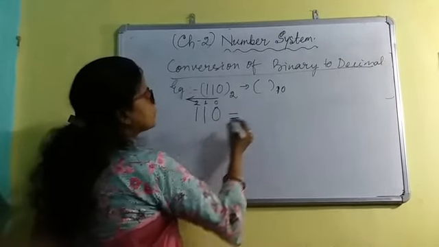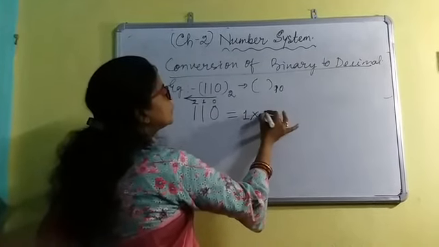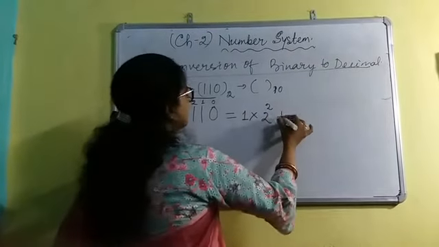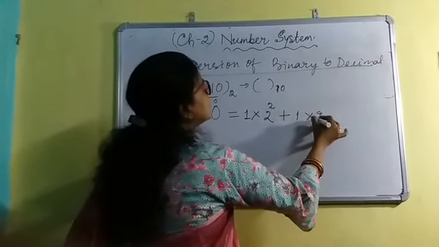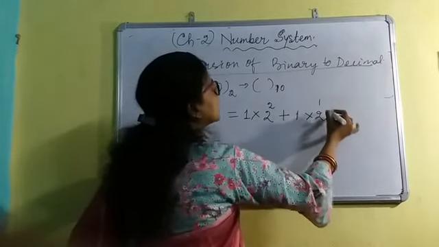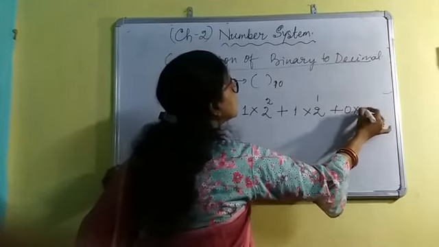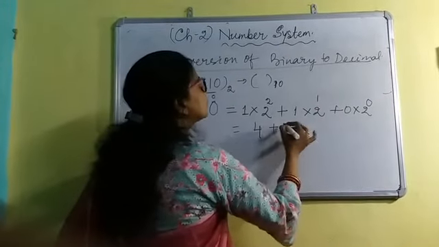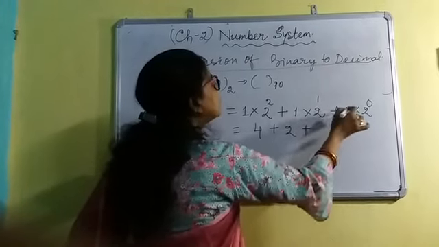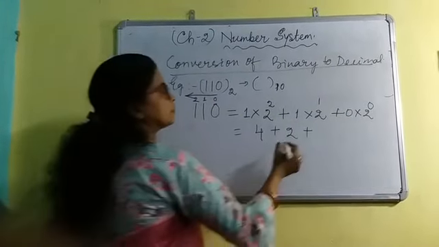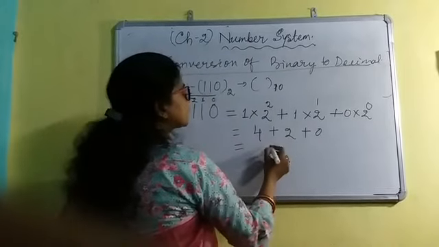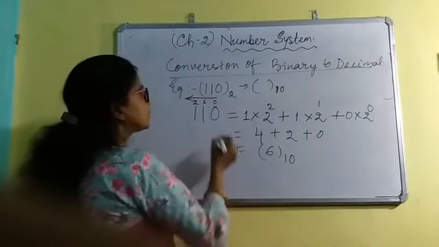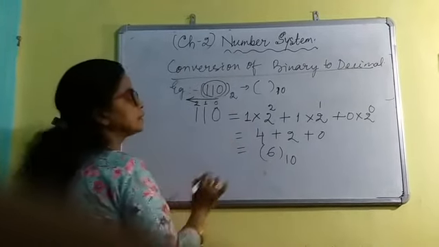So this will be 1 into the base 2 to the power 2, plus 1 into 2 to the power 1, plus 0 into 2 to the power 0. Now this will be 4, this will be 2, and any number multiplied with 0 will be 0. So what will be the result? This is 6. So 6 is the decimal number we got from this binary number.